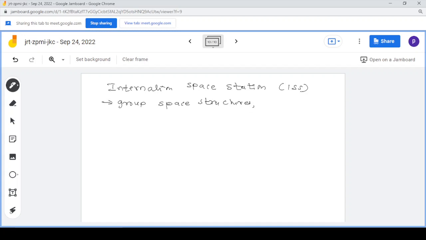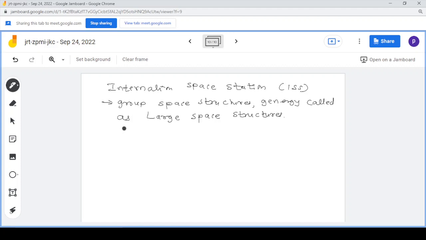These are also generally called large space structures, right?